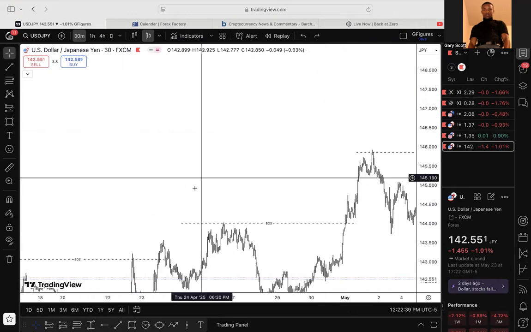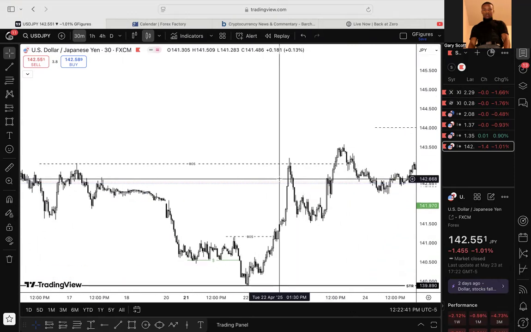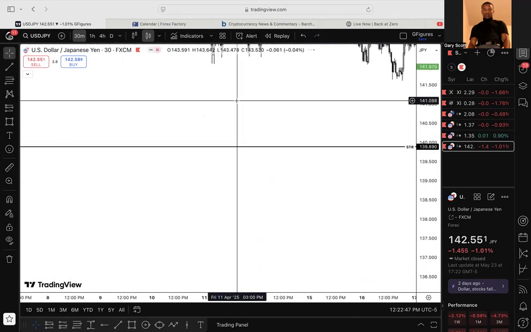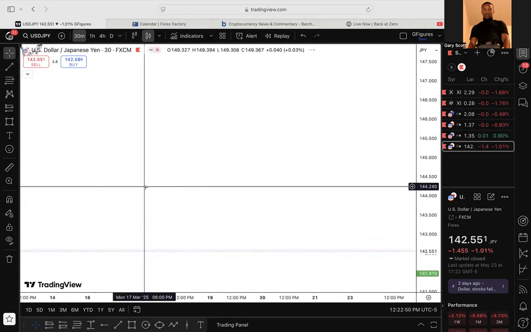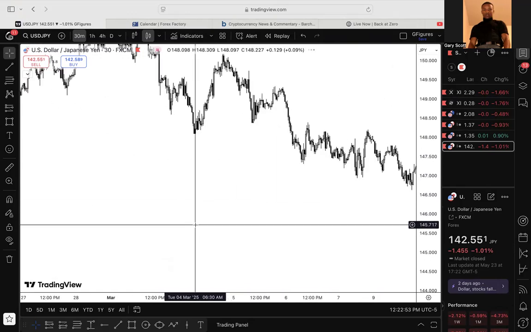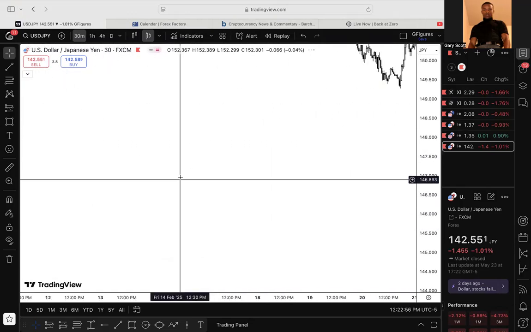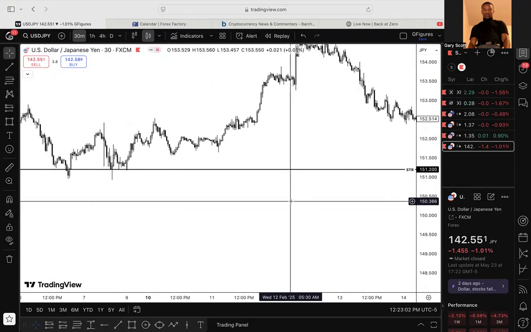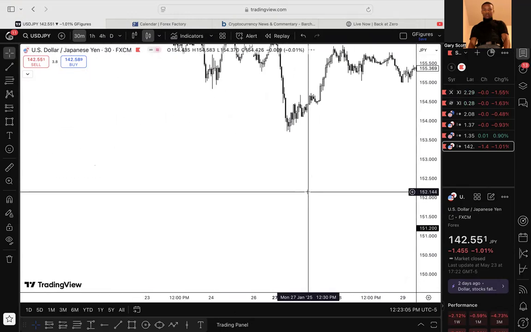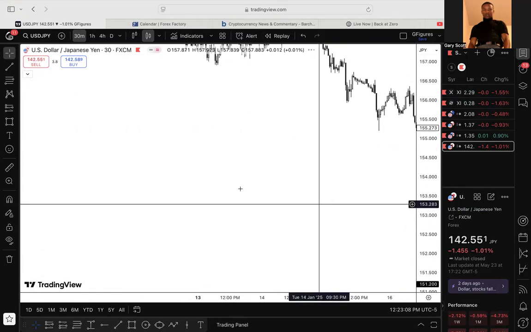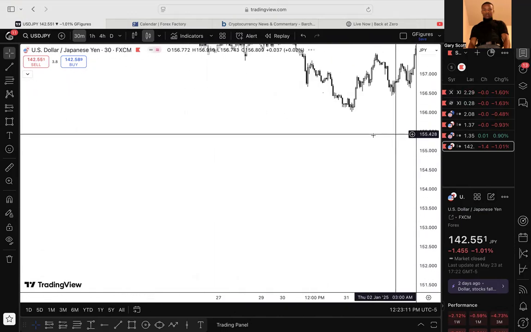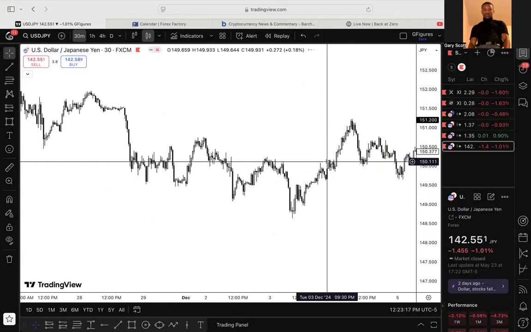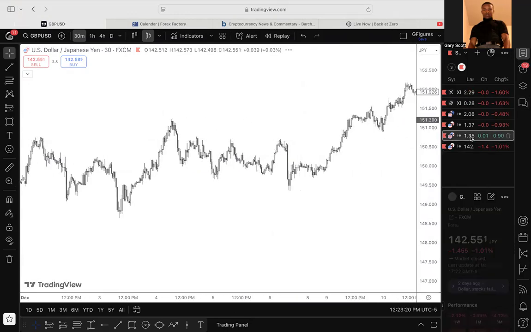So let's go look at an uptrend on a 30-minute time frame, right? And let's go back in time just a bit. Let's see, what pair can we go to?